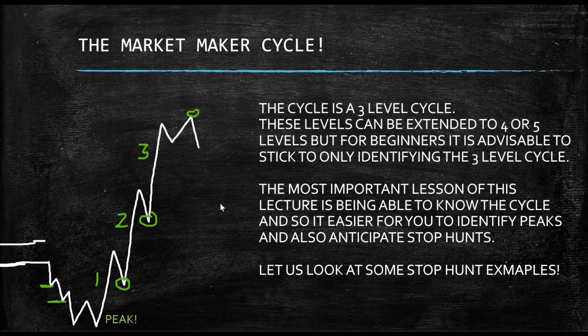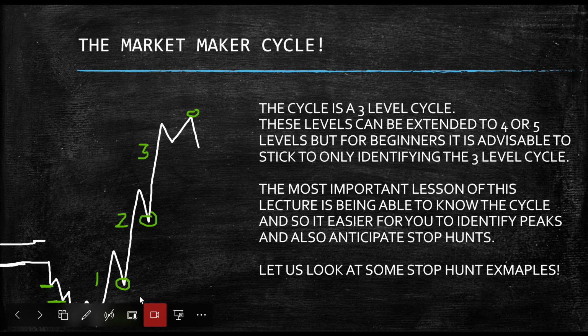All right, so the one thing you guys need to understand is the market maker cycle. The cycle is a 3-level cycle. These levels can be extended to 4 or 5 levels, but for beginners, it is advised to stick to identifying the 3-level cycle. So as you can see in this case, if this is our Asian range, we can see the inducement to the downside, right?